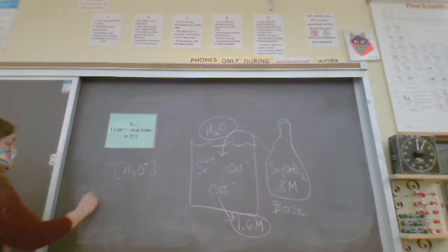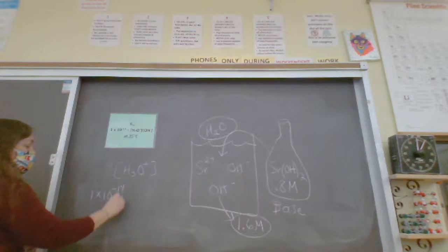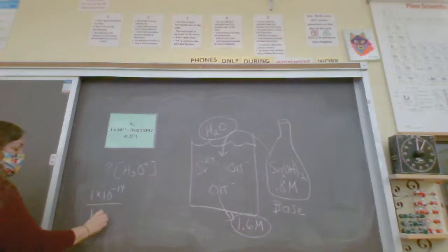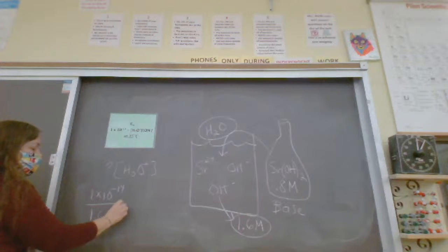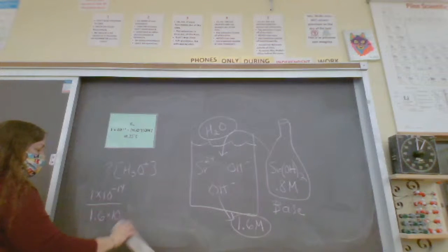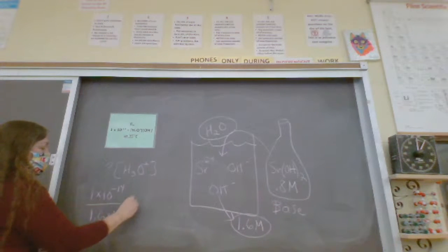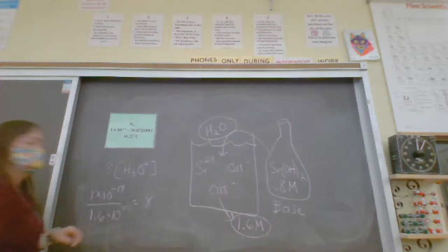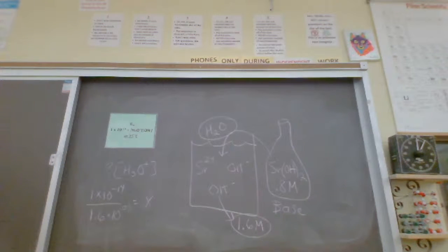So all we're going to do is 1 times 10 to the negative 14 divided by 1.6 times 10 to the 0. And that's going to be equal to hydroxide. So it's just 1 divided by 1.6 times 10 to the negative 14.